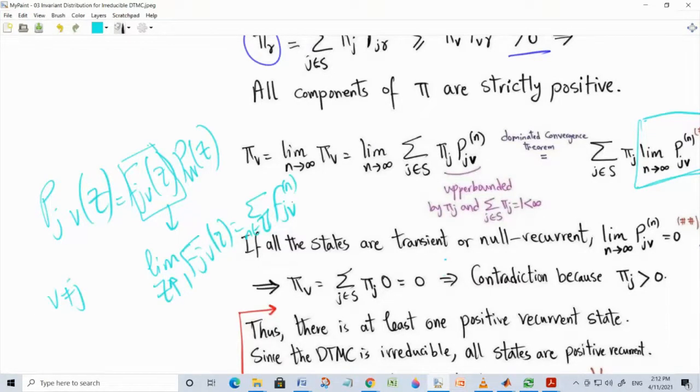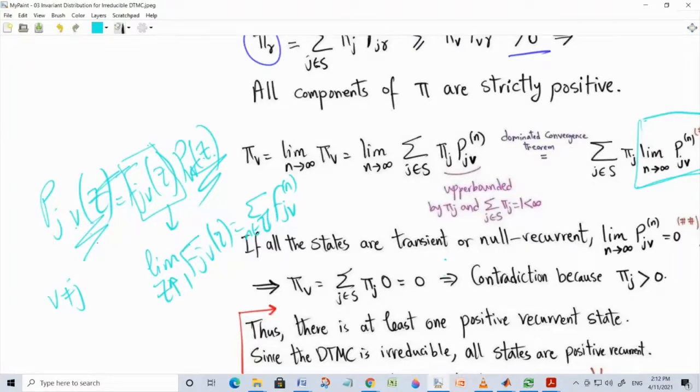Basically, if you take the limit as z goes to 1, this should be some positive number. Perhaps it is equal to 1, but it is guaranteed to be positive. And so this limit here is related to that limit. If this is finite, this will be finite, and if this is infinite, this will be infinite.